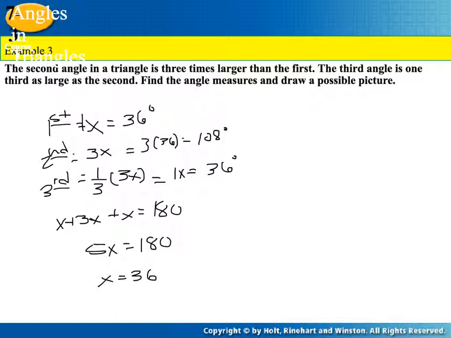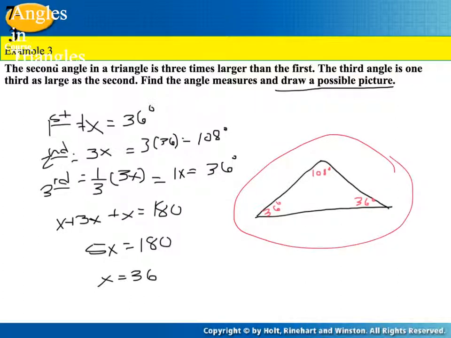What type of triangle is that? Isosceles. Okay, so then we have to draw a possible picture. What does your picture look like? Mine looks like that right here. That's what I'm looking for. Not only angle measures, but also a beautiful picture that you can draw.